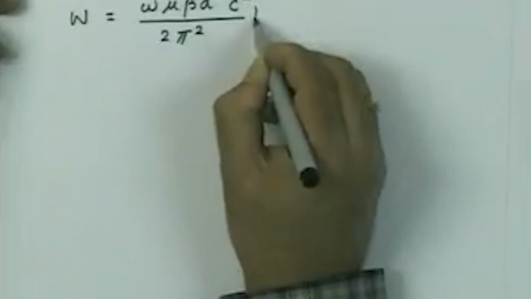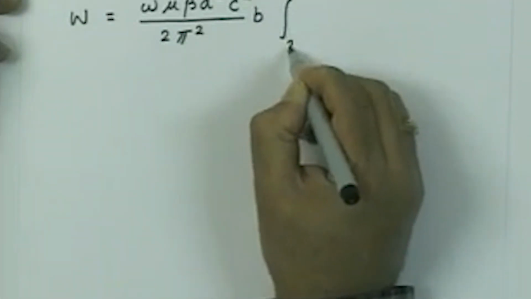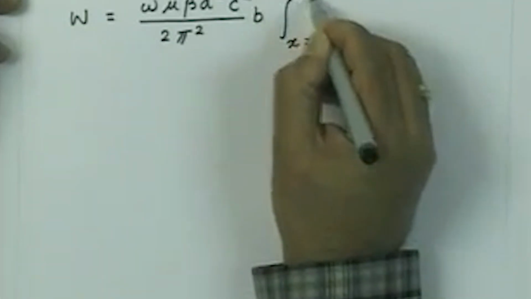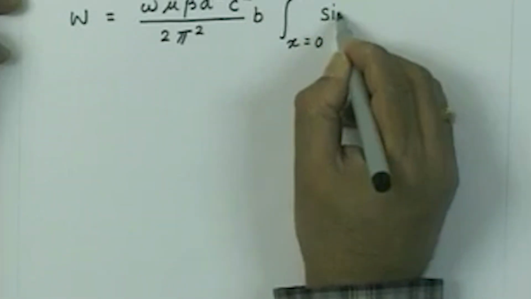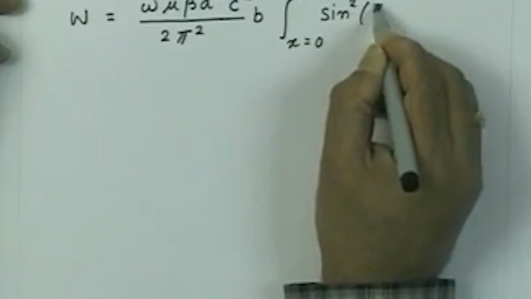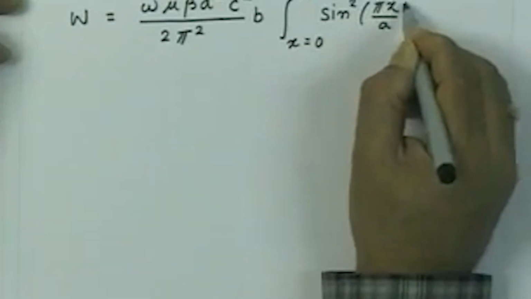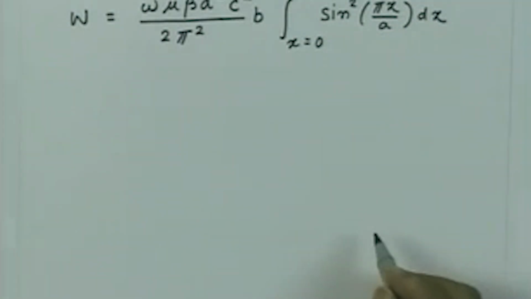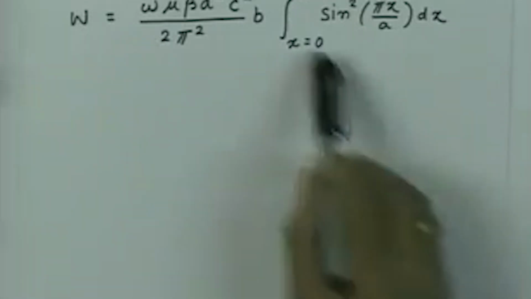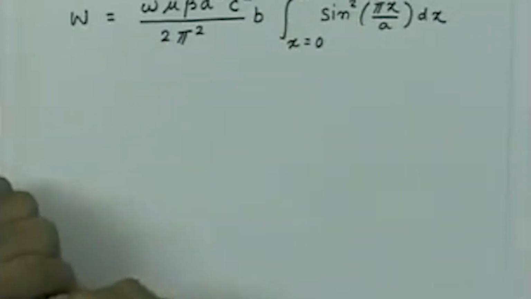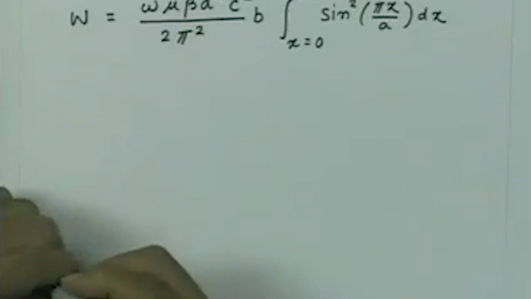So, multiplied by b, integral x equal to 0 to a sin square pi x by a into dx. And this integral will be only having a value of half.